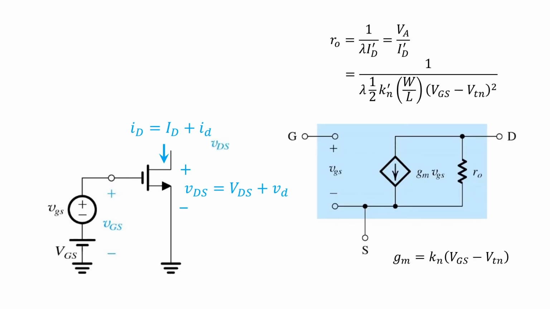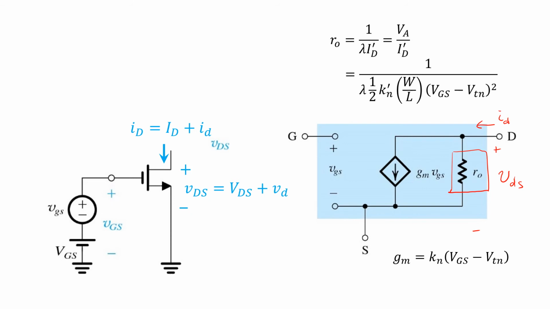Now the impact of VDS on the small signal drain current is captured by the addition of this resistance RO into the small signal model.